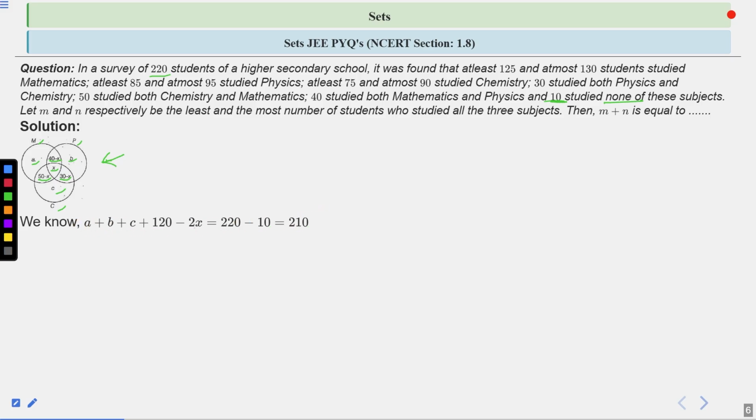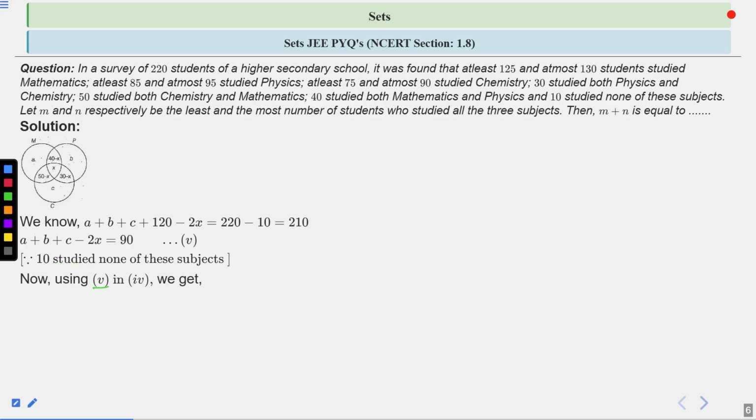Now, if you transfer this 120 to the right hand side, you will get your fifth equation as a plus b plus c minus 2x is equal to 90. I hope this point is clear, why we are eliminating 10 students from the total 220, because 10 students studied none of these subjects.